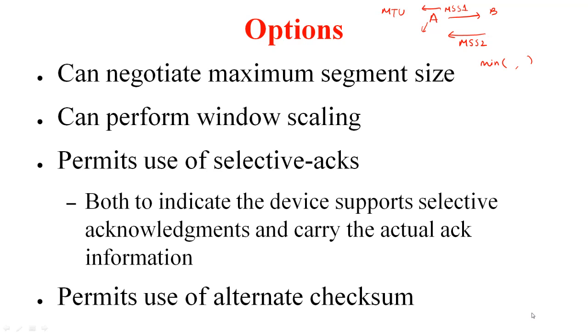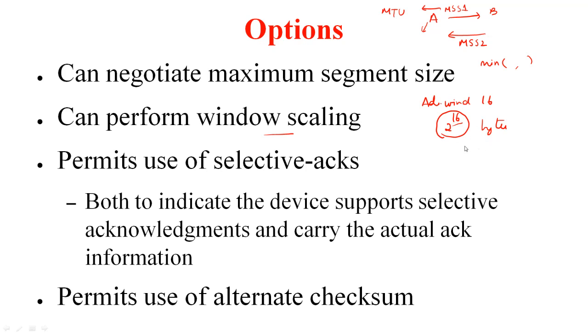Options fields can also be used to perform what is called window scaling. So this is part of flow control. So if you see the advertised window field, this is 16 bits, which means the receiver can tell its buffer size, and because you are using only 16 bits, the maximum buffer size that can be accommodated is 2 to the power of 16 bytes.